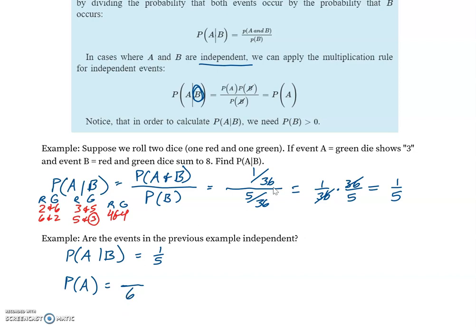We don't have to say out of 36 because we're not referencing something happening with both dice. So just the one die. What is the probability that the green die shows 3? Well, that can only happen one way out of those 6, right? If we roll a 3 and not any of the other 5 numbers. So then we look at these two and we say, okay, are these the same? These are not equal.